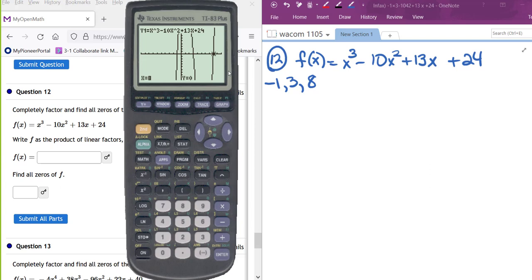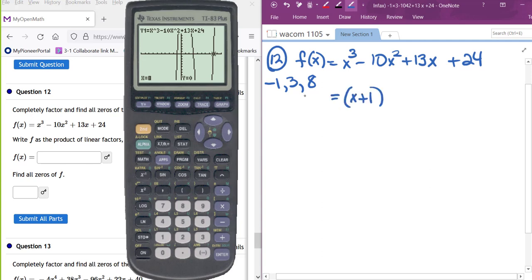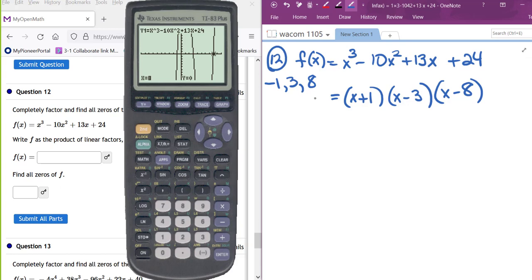So our factors are going to be x plus 1, x minus 3, and x minus 8. Our leading coefficient here is 1, so they didn't give us anything else to work with, so we should be okay and not have to find an a there since it was 1 on the original.